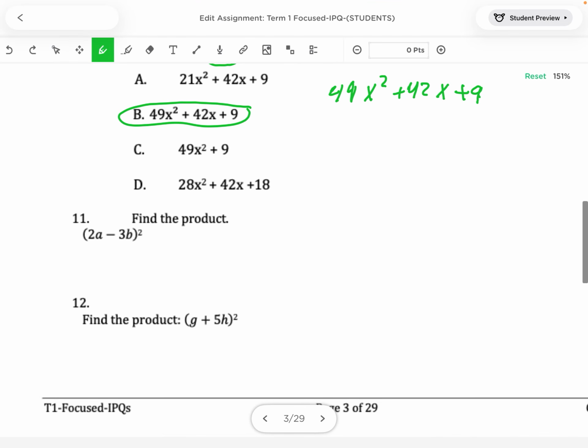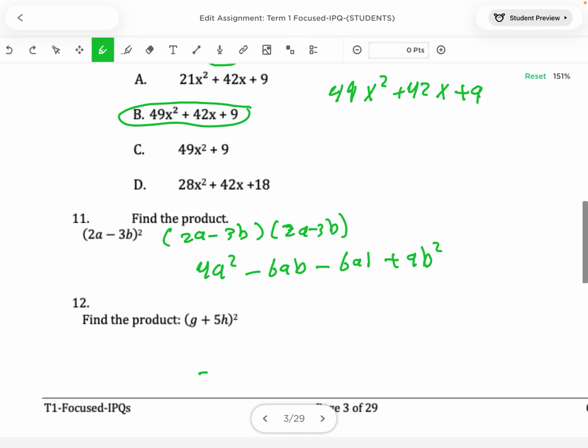This one you can write it 2 times, 2a minus 3b, or apply the rule. 2a minus 3b. So it will be 4a squared minus 6ab, minus 6ab again, plus 9b squared. Then we combine the like terms, these two together.